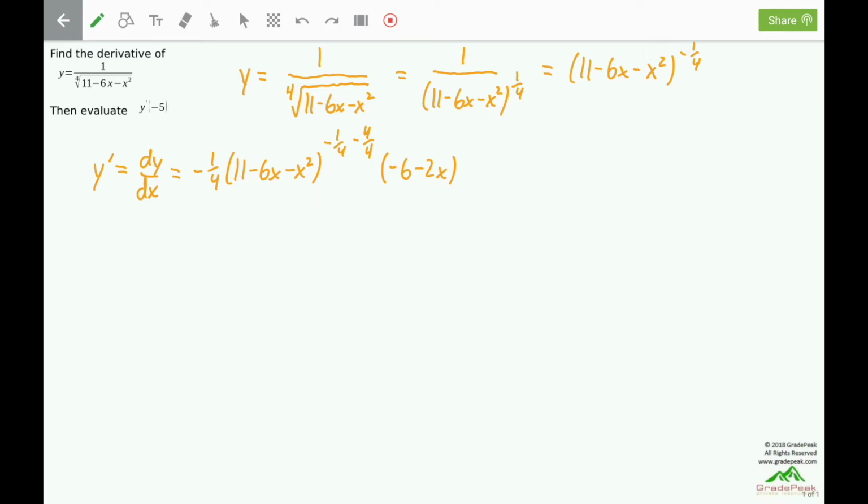I can move this negative 6 minus 2x to the front with the negative 1/4. Negative 1/4 times negative 6 minus 2x, and then multiplied with 11 minus 6x minus x squared to the negative 1 minus 4, which is negative 5 over 4. We have a negative exponent here. I'm going to move it to the denominator to become a positive exponent.